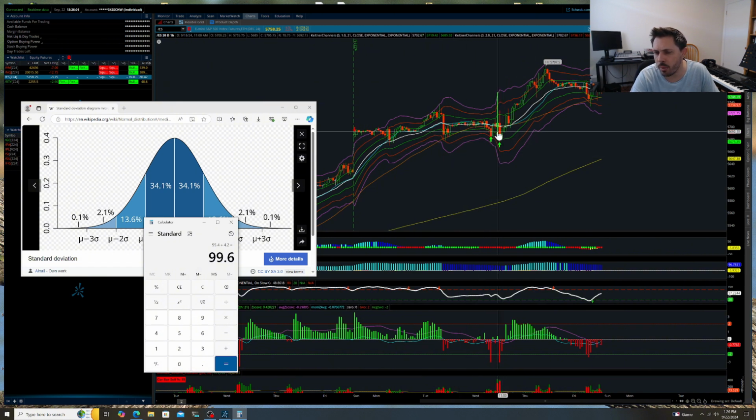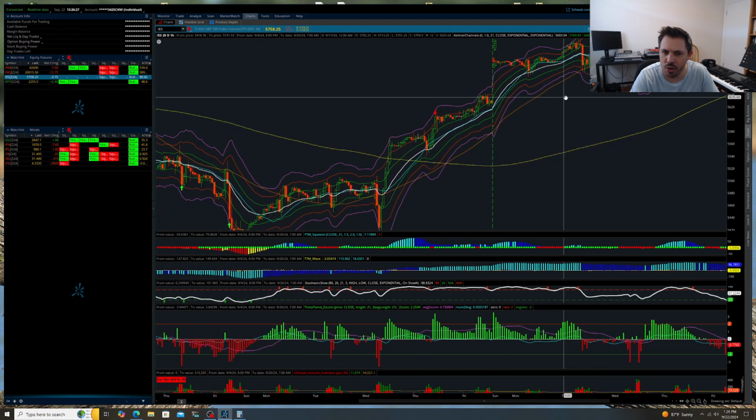But typically, when we see this type of signal, it indicates that this is a high probability place that the market is going to revert back to the mean. And you can see that they sold this off twice, then ran it up. This was the Fed coming out to lower interest rates 50 basis points.